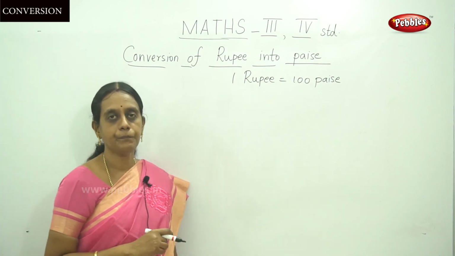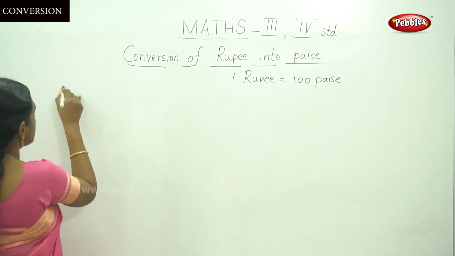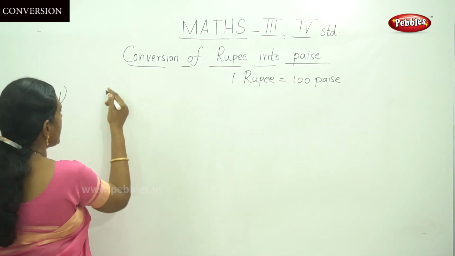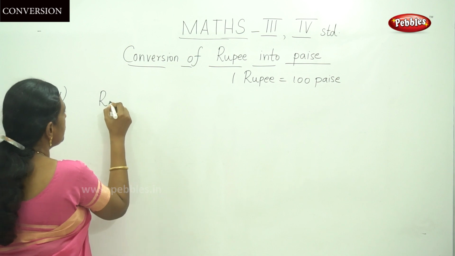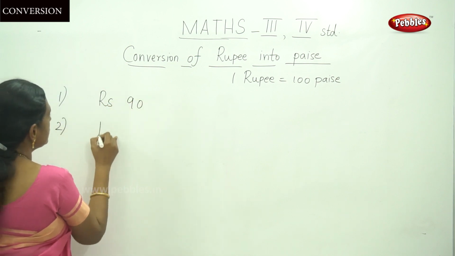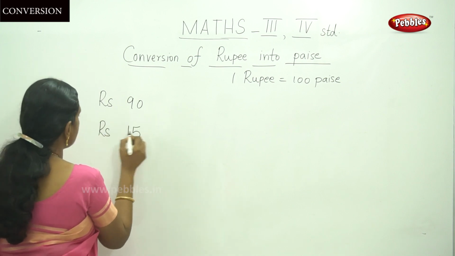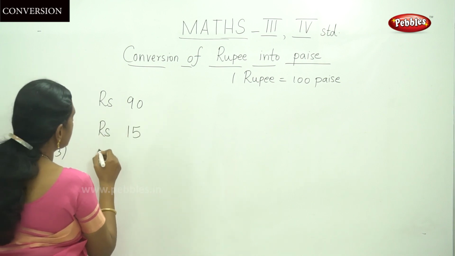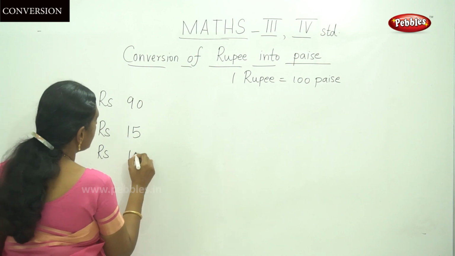The questions for converting rupees into paise are: first, rupees 90; second, rupees 15; and third, rupees 100.